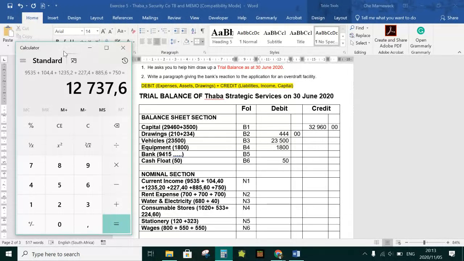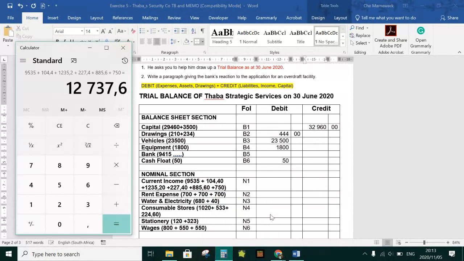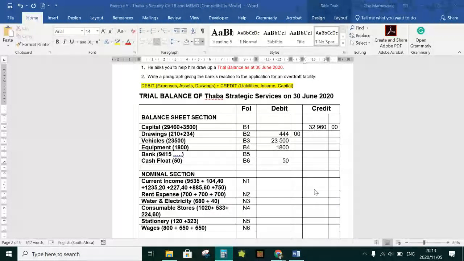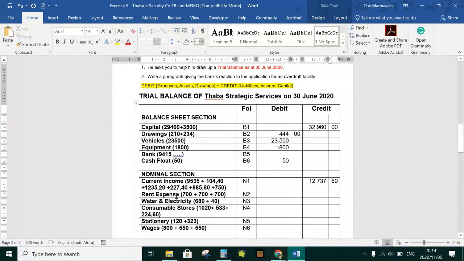And we get the amount of 12,737 Rand and 60 cents. Current income is an income. Income is credit. So under credit, we're writing 12,737.60. Okay.